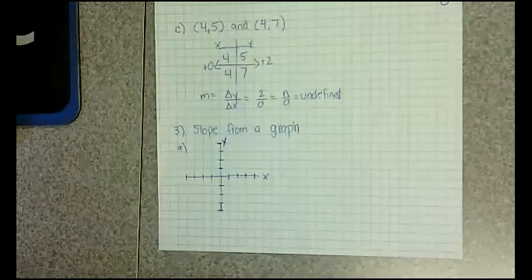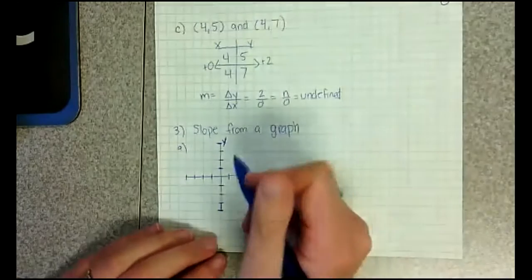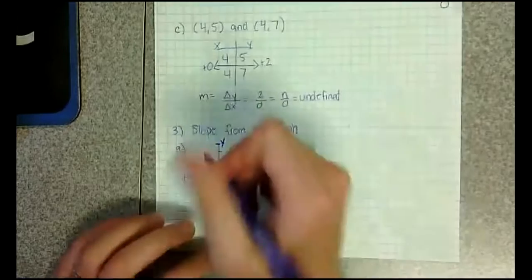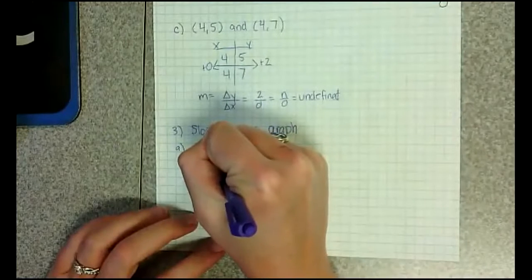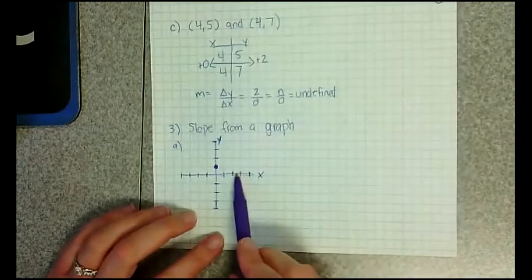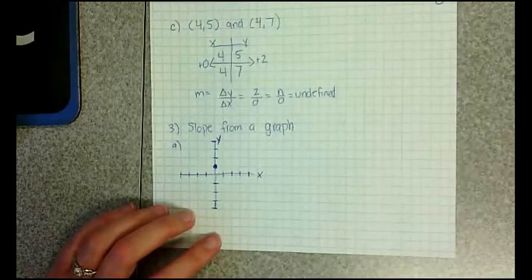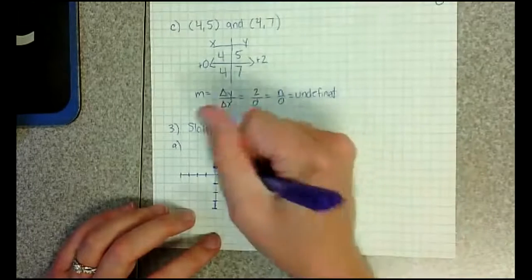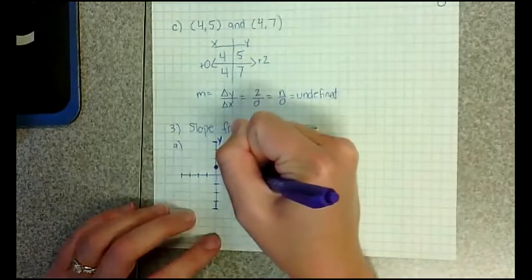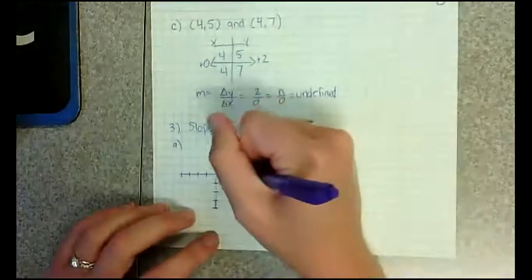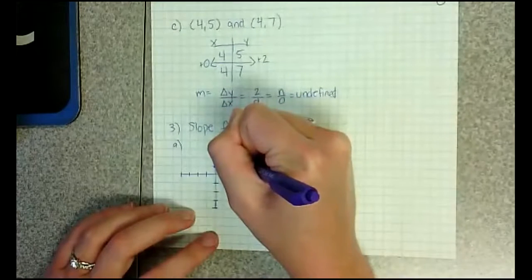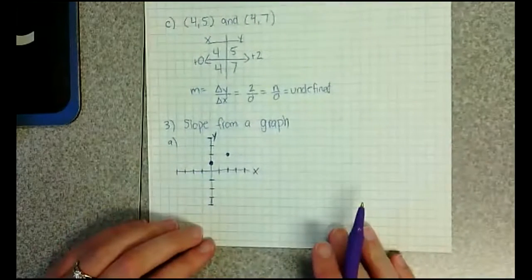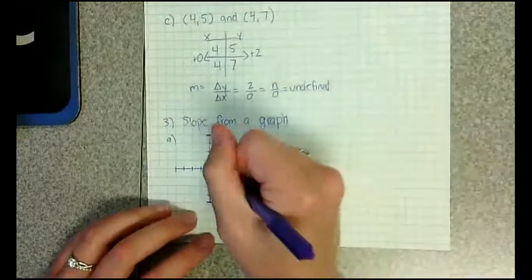You're going to put a point here on the y-axis, on your first hash mark. And then you're going to put a point at (2, 2). Again, I know you don't have graph paper, just try to draw it for me the best that you can.